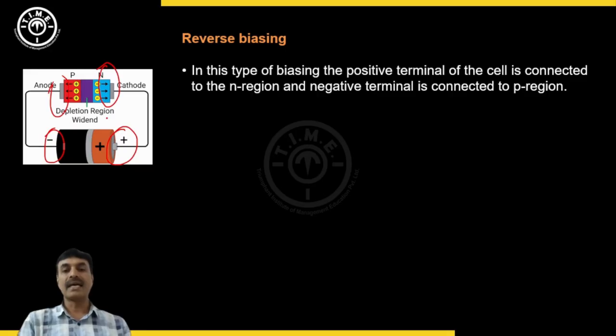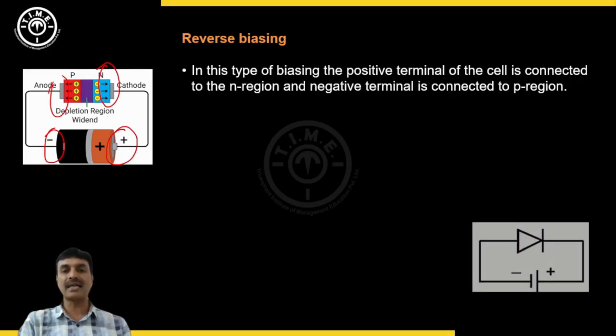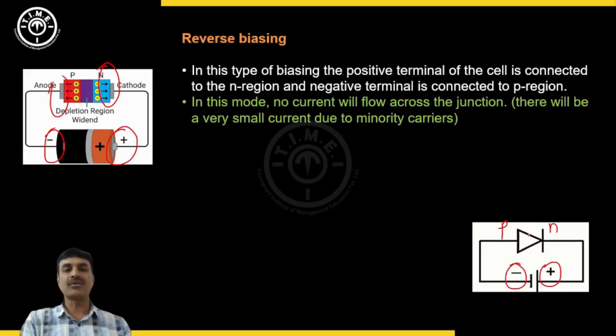That is reverse bias. So in reverse bias, the diode does not conduct. Ideal diodes will not conduct at all. The circuit symbol in reverse bias mode looks like this. See, the negative terminal of the battery is connected on the P side and the positive terminal on the N side. It is connected in reverse mode. That's what reverse bias is.